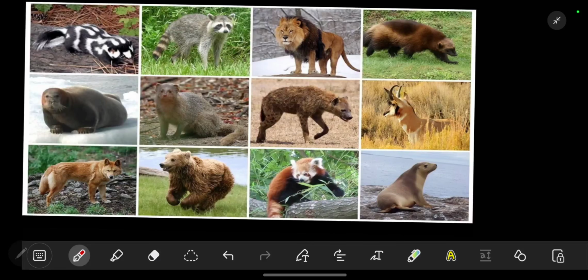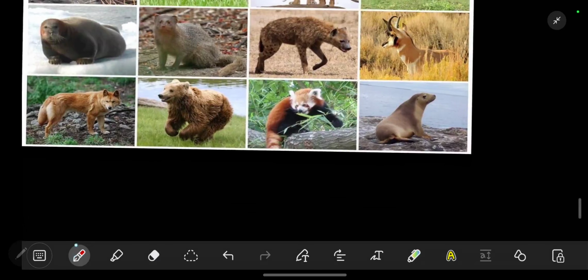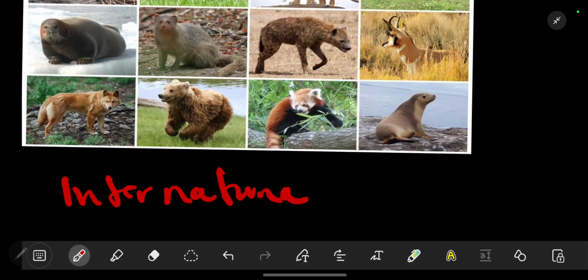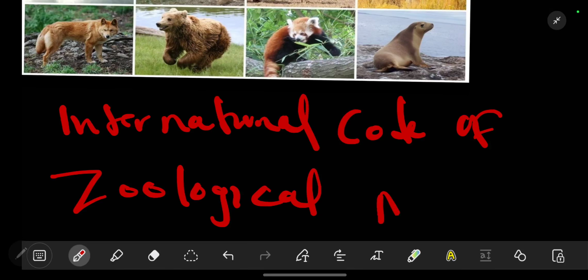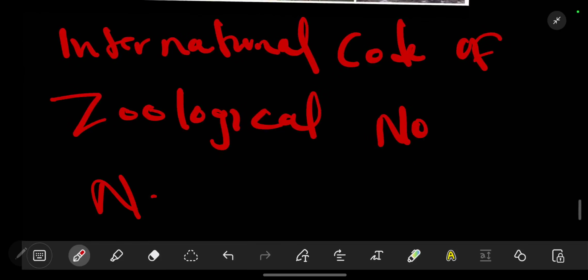Now, when you're referring to animals, that is where the ICZN comes in, which is the International Code of Zoological Nomenclature. Zoological has to do with animals.